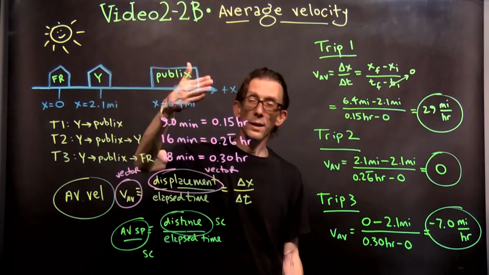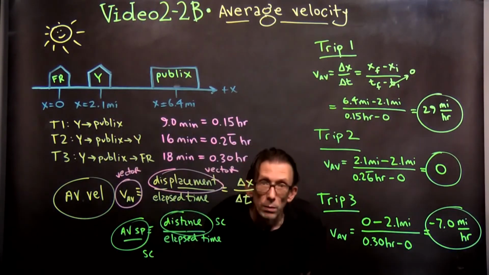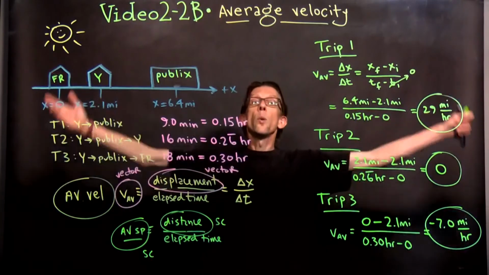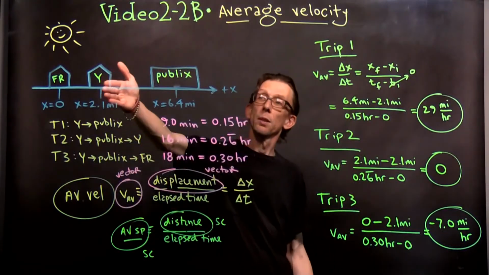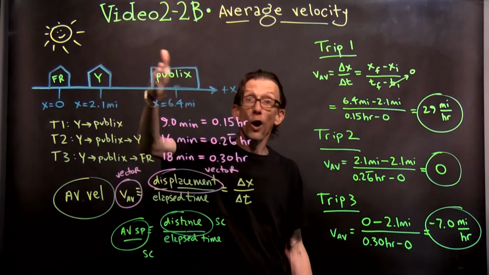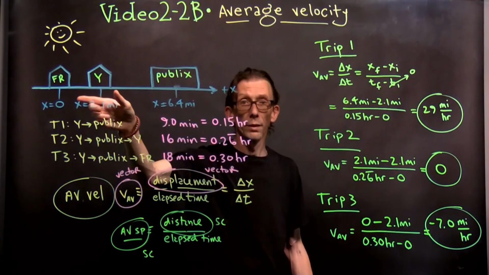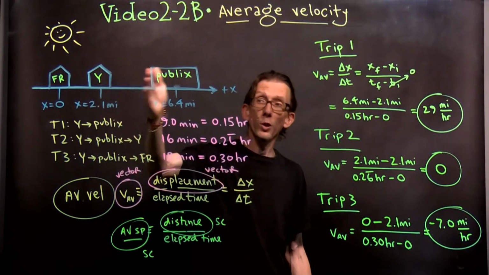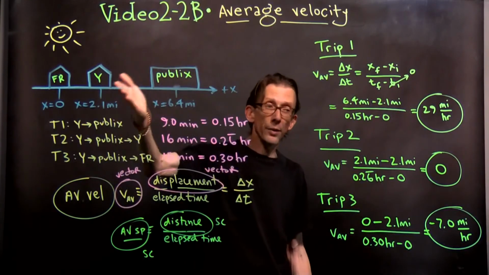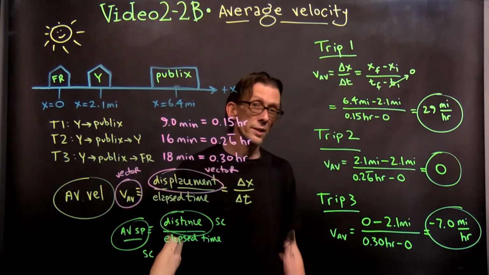You are moving to the right. In case 2, you didn't move at all. You went nowhere. You started at your house, went to Publix, and returned to your house. Okay? So overall, your whole trip, you went as far to the right as you went to the left. Those two, equal amounts. So the displacement is 0, and so your average velocity is 0.